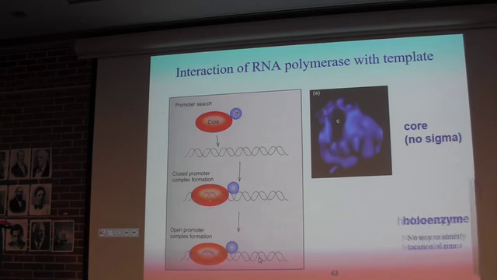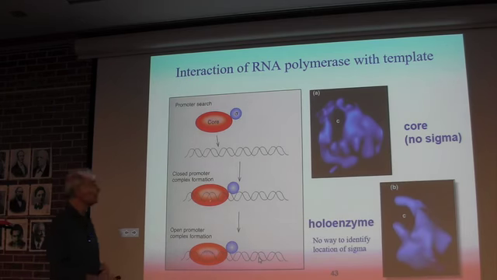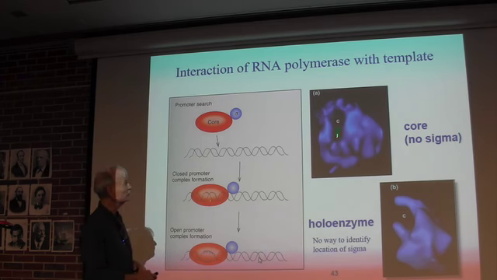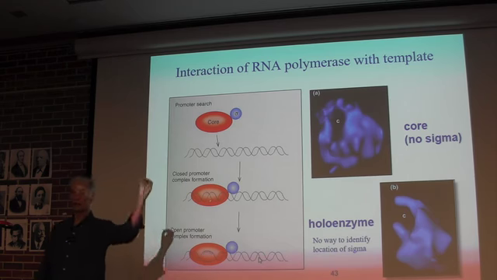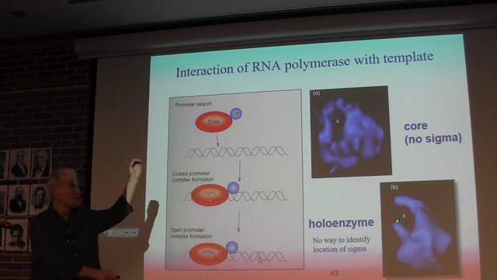Okay. Sometimes I have something like this. I'll give you that image and you'll go, I don't know, it's a blue blur. Nope, that's core with no sigma because it's closed, versus a core with sigma because it's open.